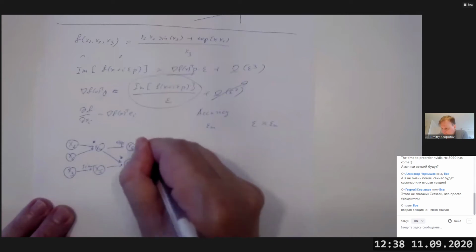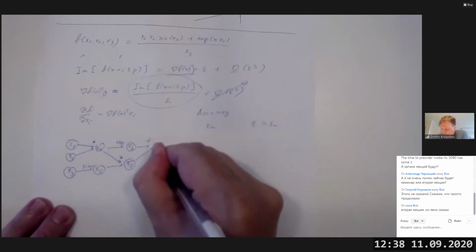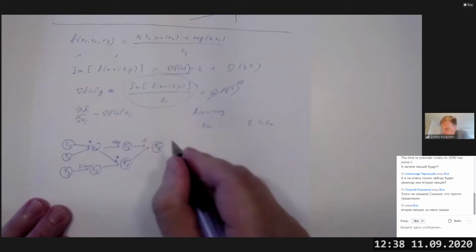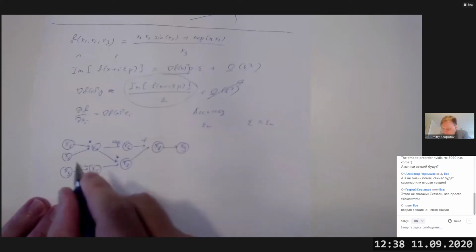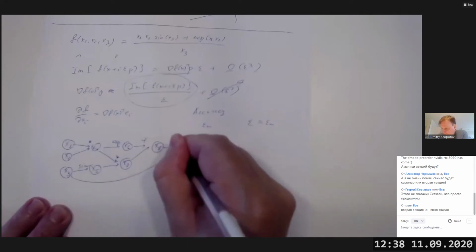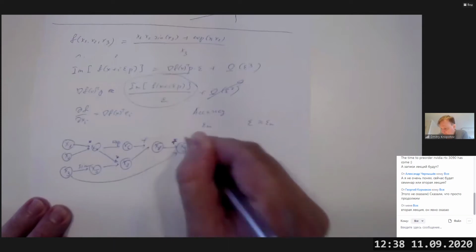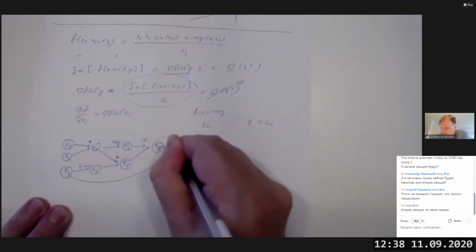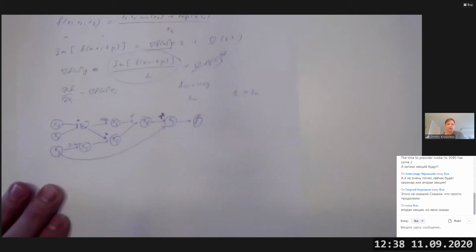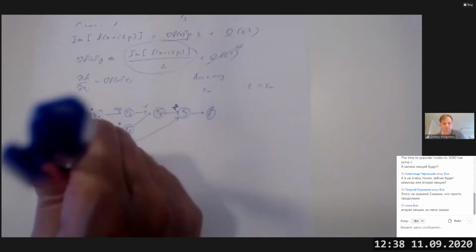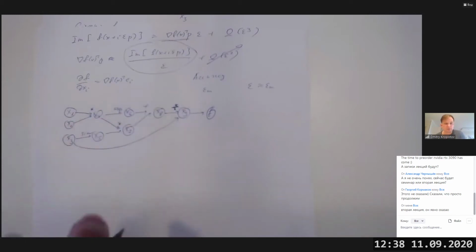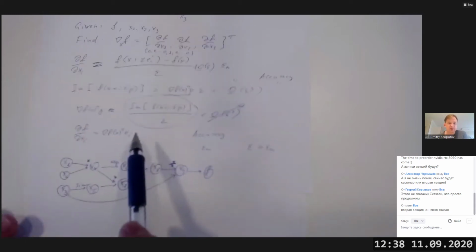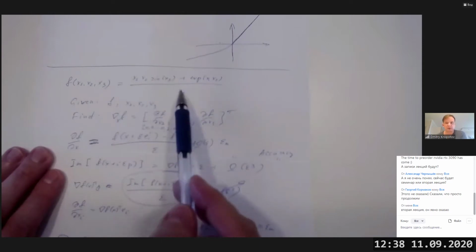Then take a sum of these two, x8, and finally x9, which is a division of x8 by x3, and finally the output is our function f. So this is the computational graph for this particular function.